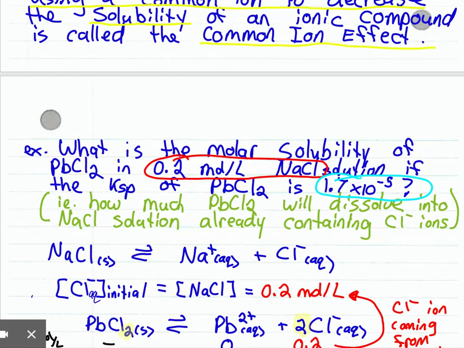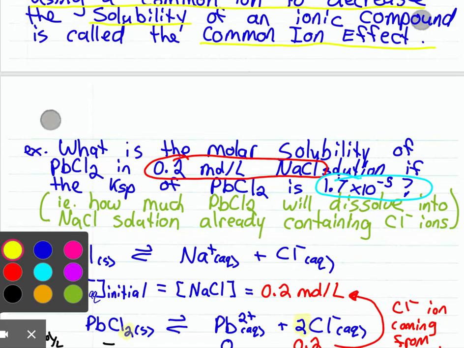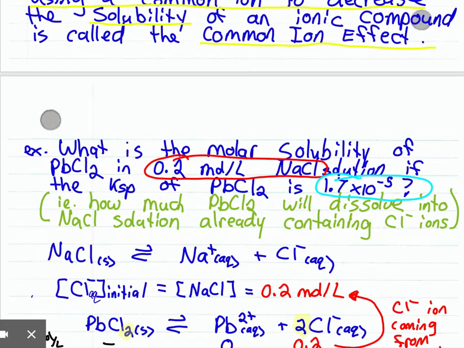We have to think about this for a minute, because our sodium chloride has dissociated into its sodium ions and our chloride ions. One sodium chloride solid molecule gives us one sodium ion and one chloride ion.